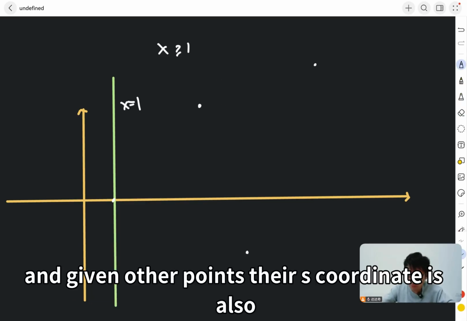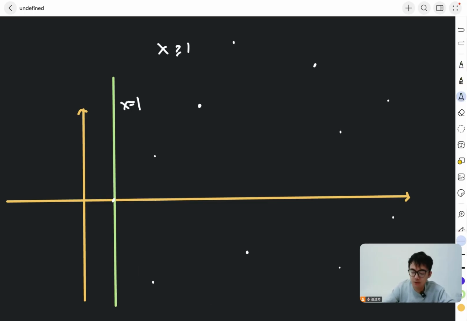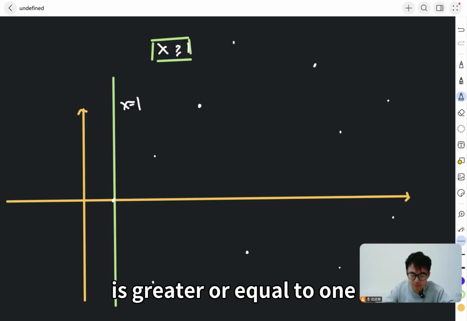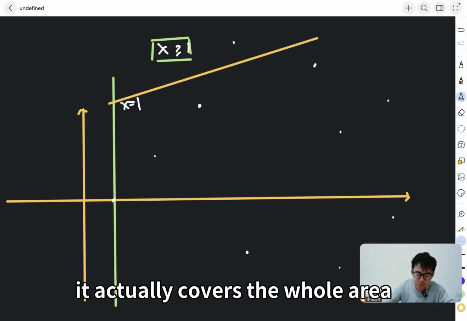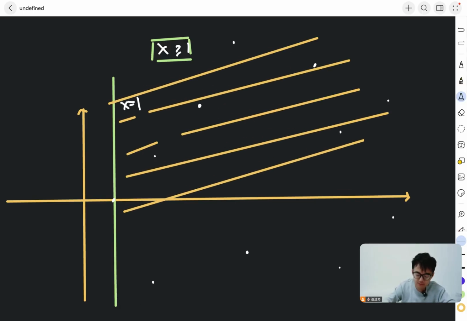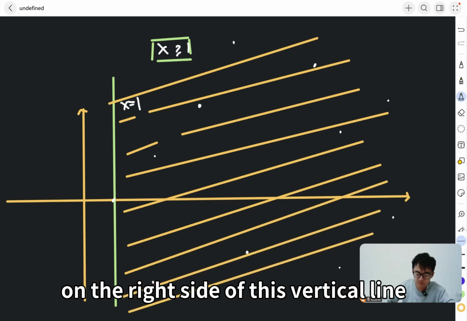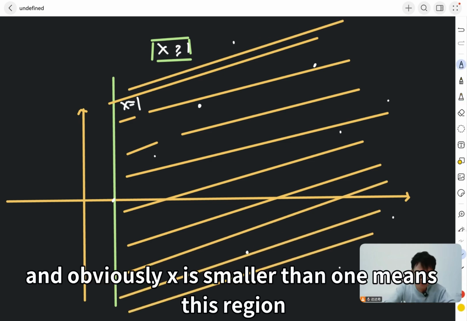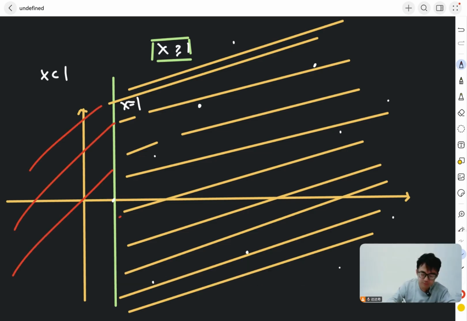And given other points, their x coordinate is also obviously greater than 1. So if x is greater than or equal to 1, it actually covers the whole area on the right side of this vertical line. And obviously, x is smaller than 1 means this region.